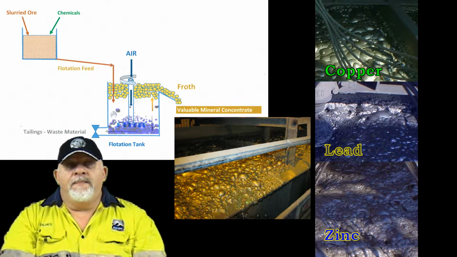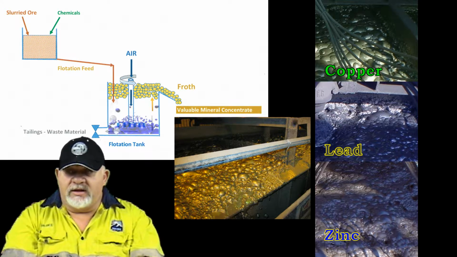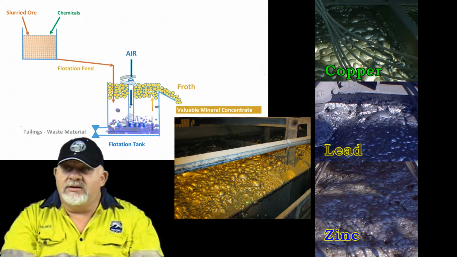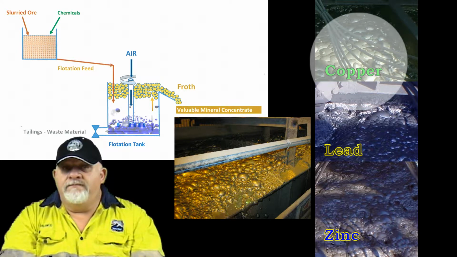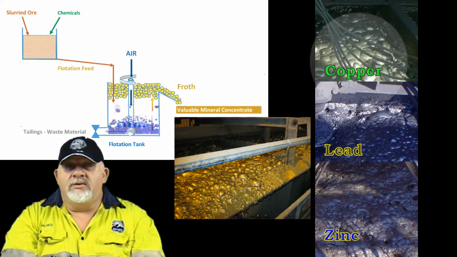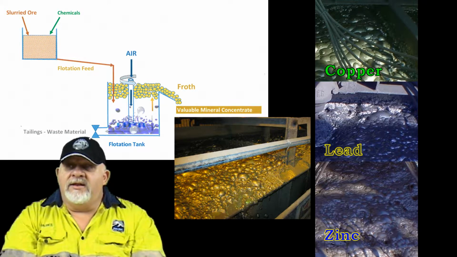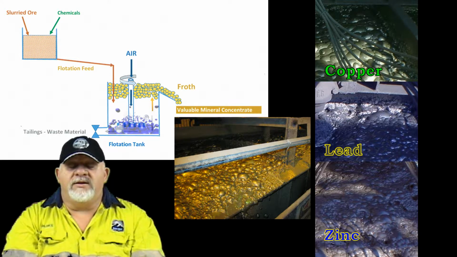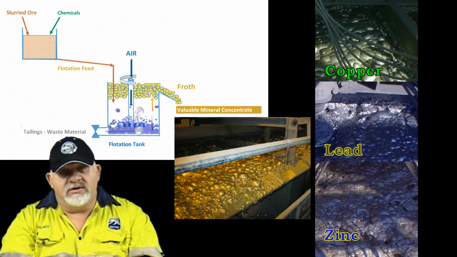Now, in a flotation process, or the ones I work with, the copper, lead and zinc, the first thing that is floated is the copper, which has been the easiest to float. Then the tails or the tailings material or waste material from that process feeds into the lead flotation circuit.